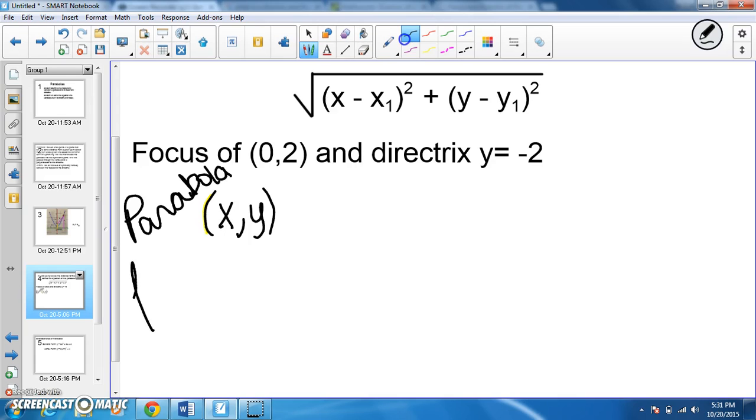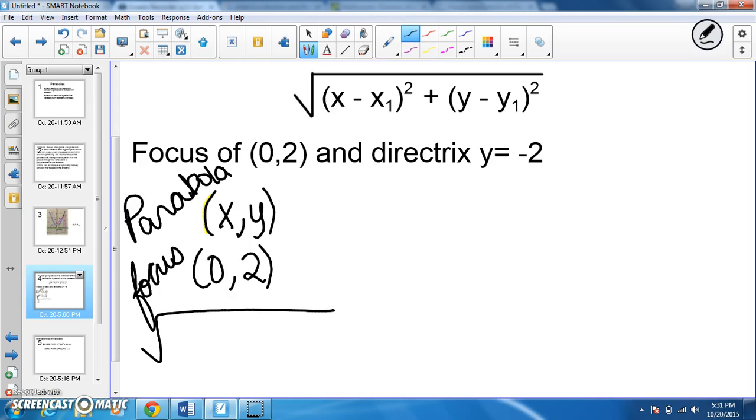The focus is (0, 2). So the distance formula that represents this is the square root of (x minus 0) squared plus (y minus 2) squared.